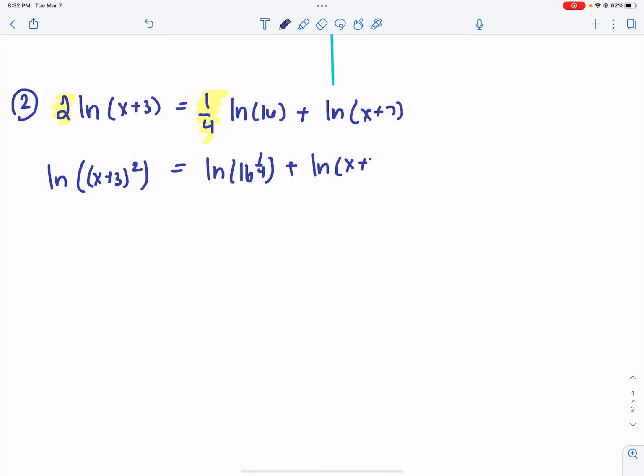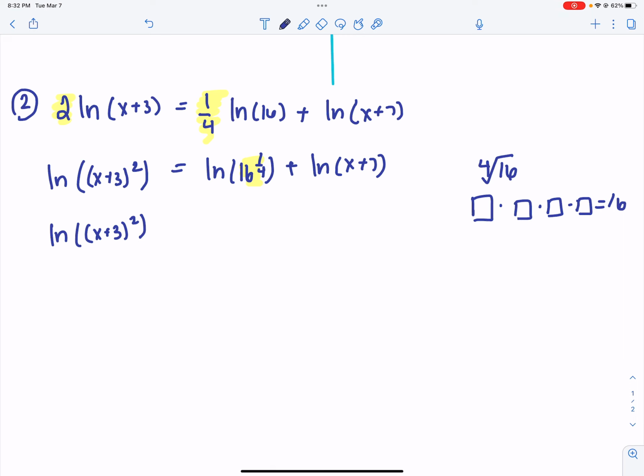On the right side, I can simplify the 16 to the 1/4 by saying the 4th root of 16. So this is saying what times what times what times what will give us 16. That answer is 2. So now I have ln of 2 plus ln of x plus 7.